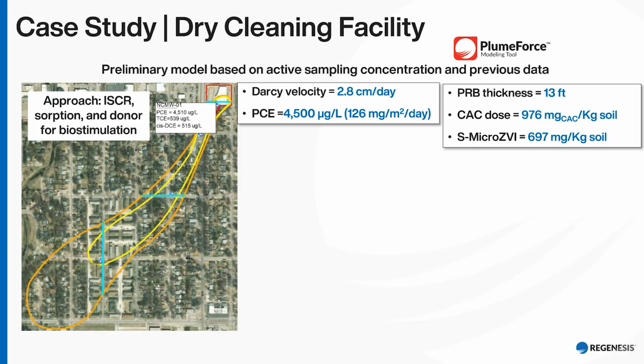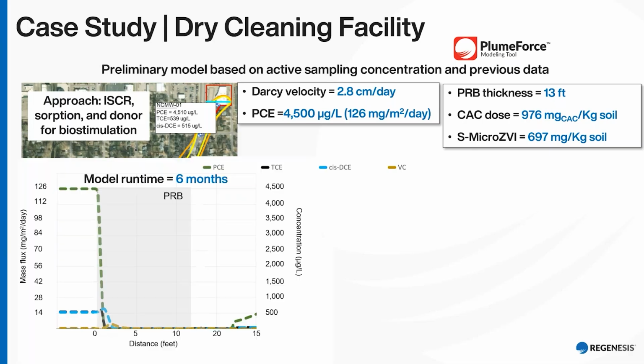Now we will look at an illustration of the in-barrier dynamics, which is a model run of 6 months. In this plot, the left Y axis is the mass flux and the right Y axis is concentration, both connected through Darcy velocity. Therefore, Darcy velocity is the same before, in, and after the barrier.